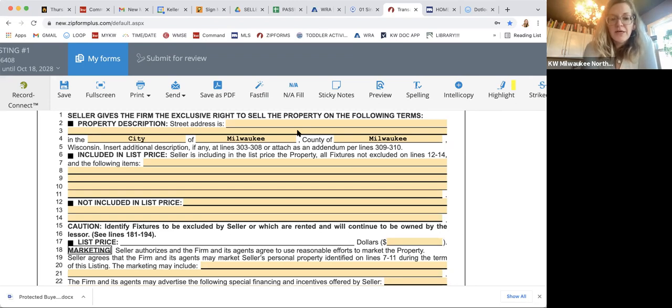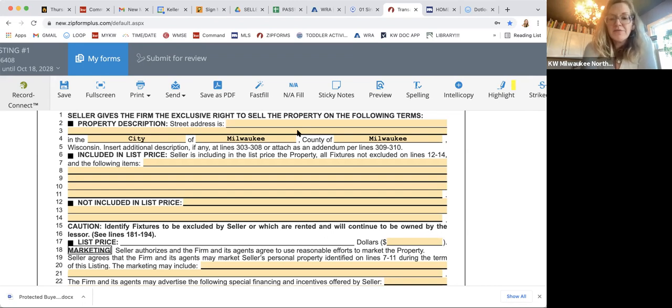For example, a big thing is window treatments. Curtain rods, for example, are considered a fixture. And because they are considered a fixture, they would automatically stay with the home.